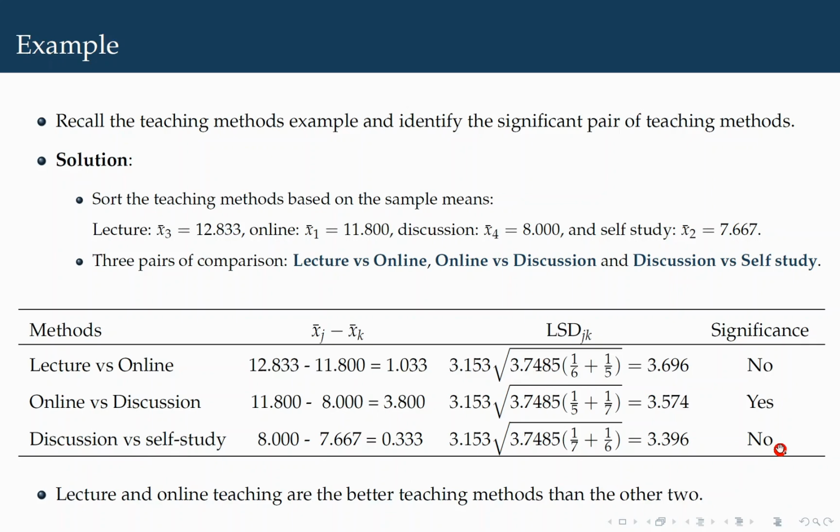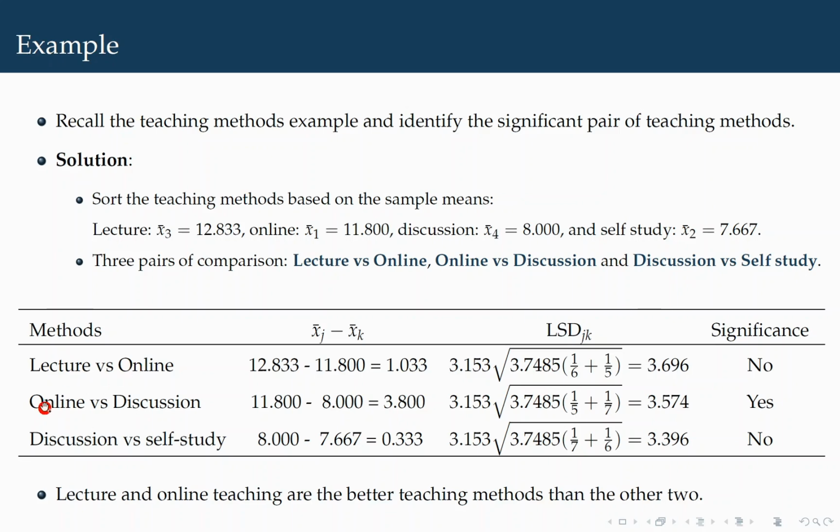So the only difference that we observe is between online and discussion. Here lecture is better than online based on the sample means, online is better than discussion based on the sample means, and discussion is better than self-study. But the one that is statistically significant is online and discussion. And we know that lecture and online are not significantly different.